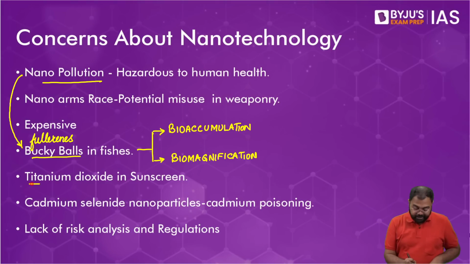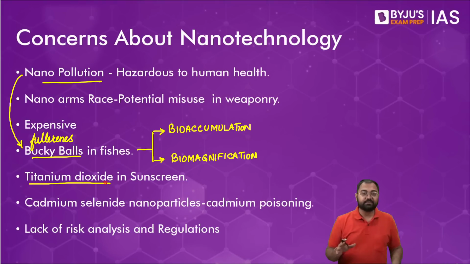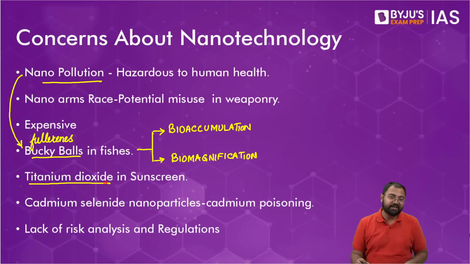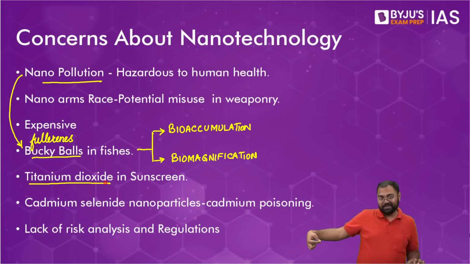Then titanium dioxide in sunscreen. Now, titanium dioxide is something that was hugely advertised a decade back. If you have seen sunscreen advertisements, they show that sun rays or radiations are coming to your skin, touching your skin, and just reflecting off it, right?